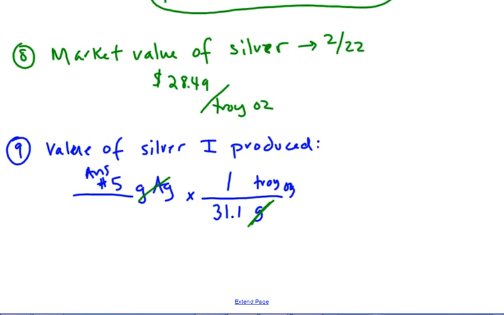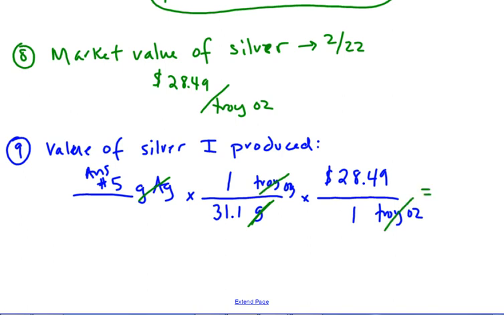So here we're going to see that grams will cancel. All we've done so far is convert our grams to troy ounces. But one more fraction will help us figure out the value of the silver that we produced. Troy ounces will go in the denominator, because $28.49 per 1 troy ounce is the market value. So troy ounces will cancel.